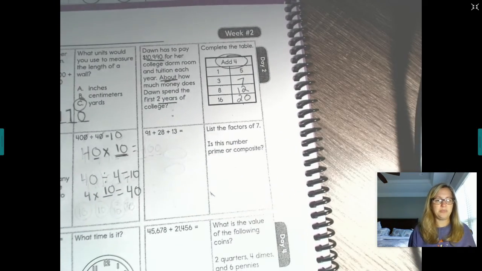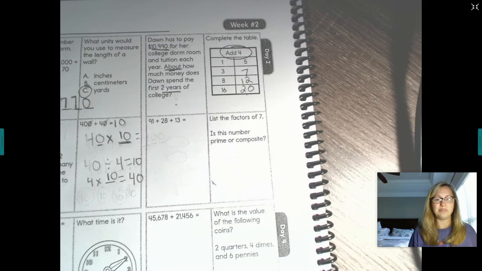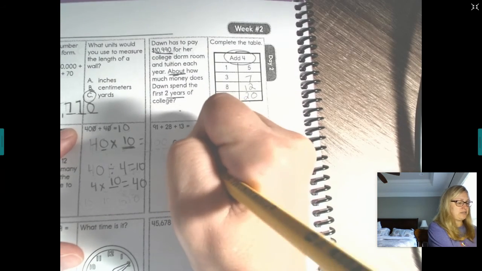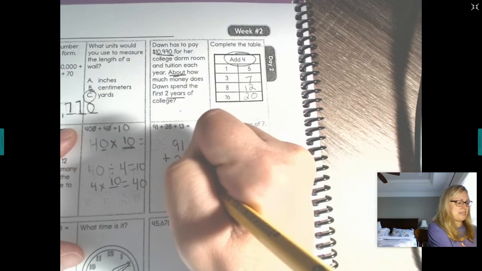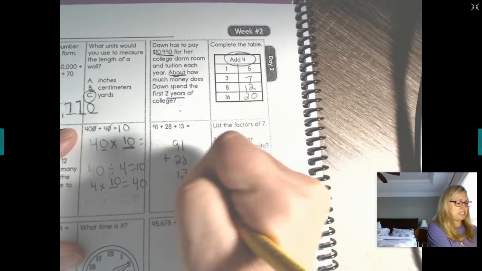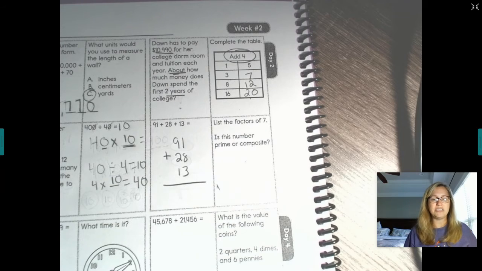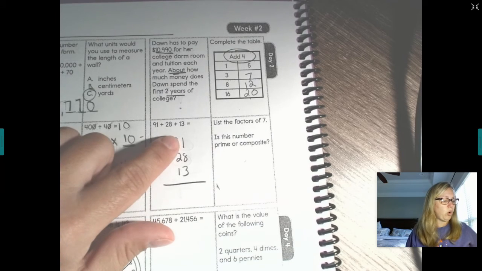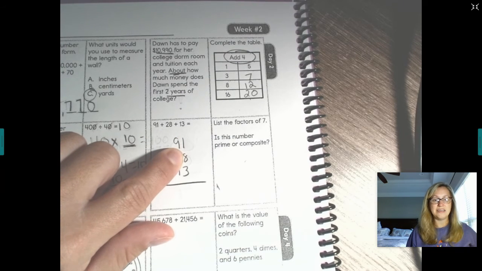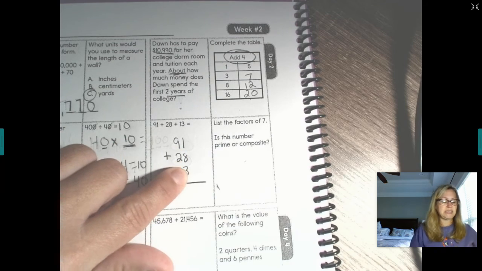All right, our next problem is 91 plus 28 plus 13. Remember to rewrite this problem so that the numbers are stacked on top of each other. This will help you add correctly. We're going to take 91 plus 28 plus 13, and then I'm going to add. 1 plus 8 is 9. 9 plus 3 is 12.